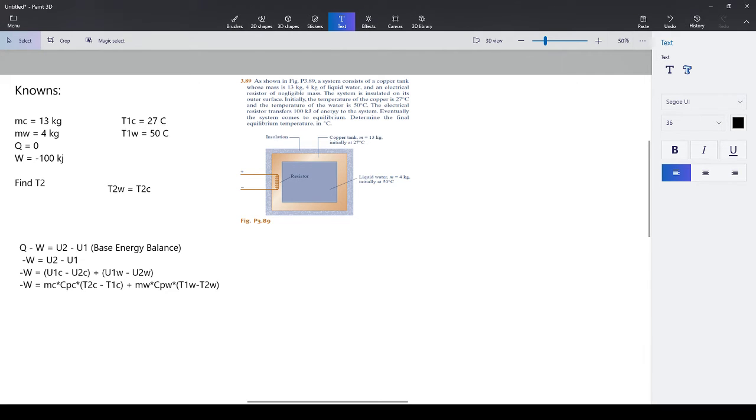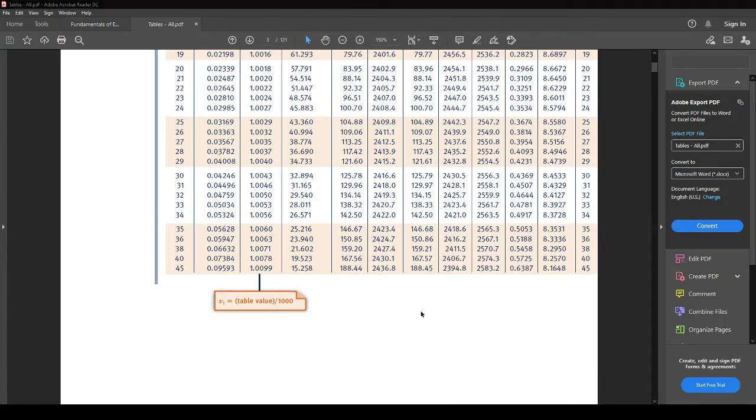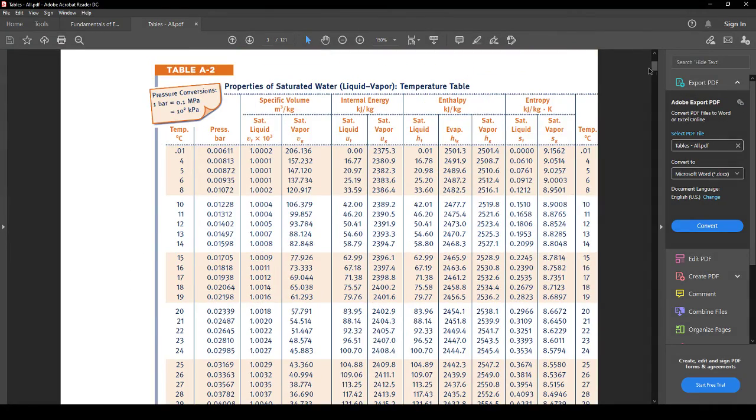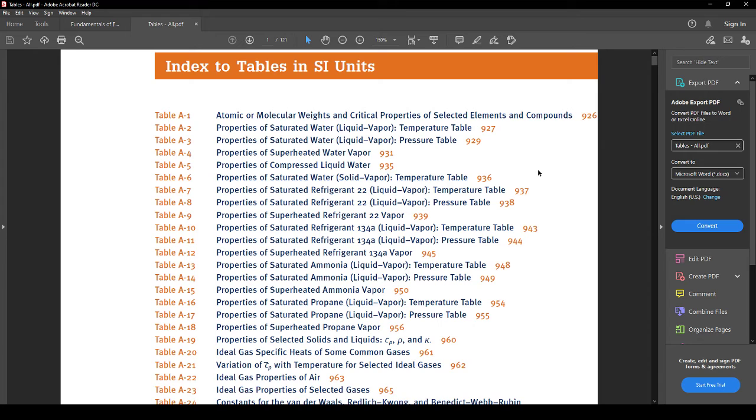So now, how do we do this? Well, we go to our handy dandy tables. We need to find the specific heats of water, right? So here's the problem: the one that I showed you earlier was only gases, right? It was nitrogen, oxygen, air. That's not going to help us here.